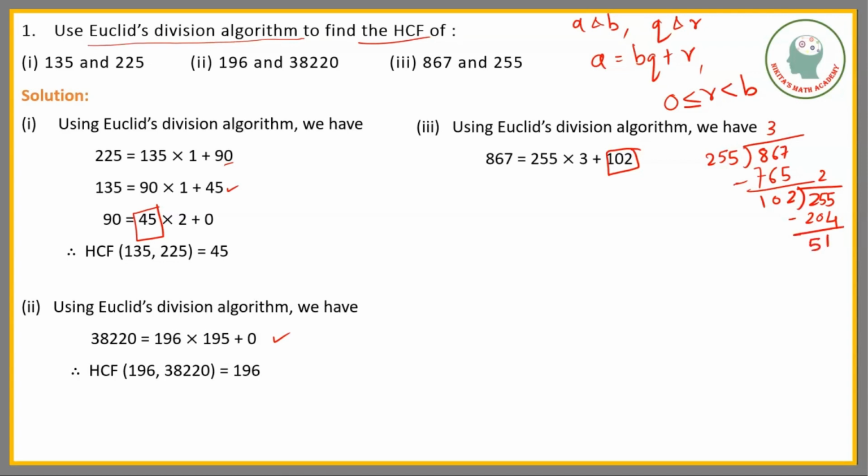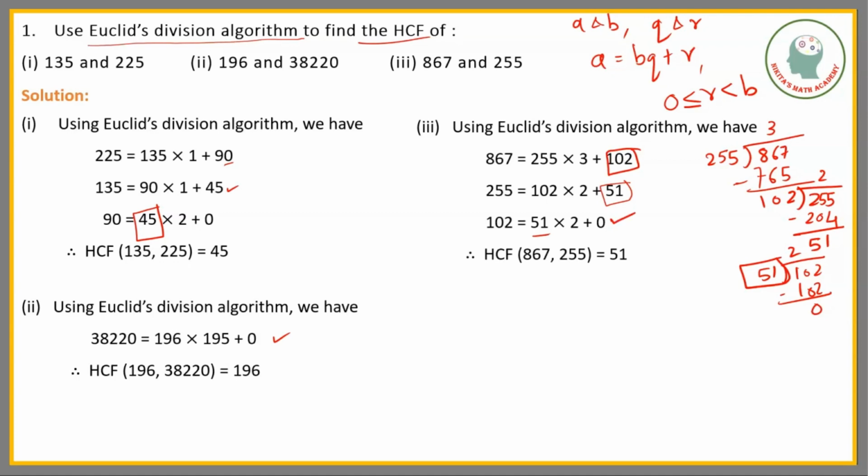We are getting 51. Now again, we can write it in algorithm as 255 equals 102 into 2 plus 51. Again, the remainder is not 0, so we need to divide 102 by 51. You will find in this step we are getting remainder 0. This implies that this divisor is our HCF. Since we got remainder 0, 51 is the HCF. I hope you have understood this.